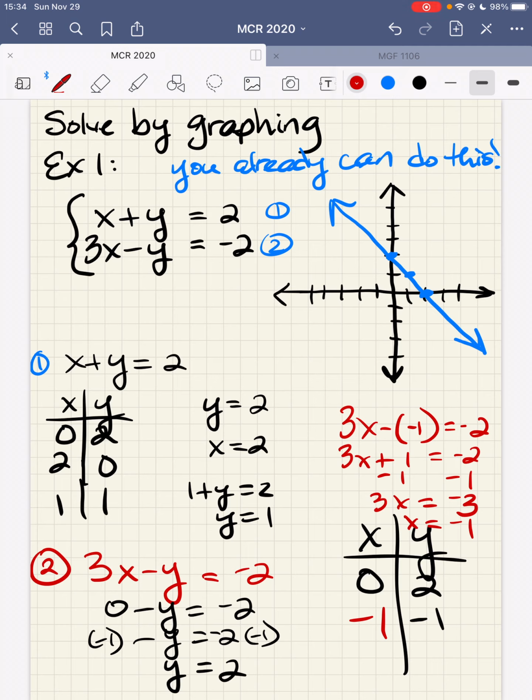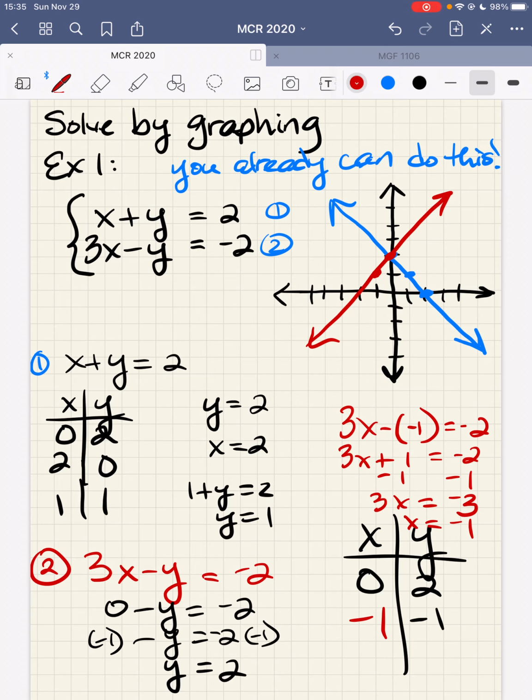Fractions are going to be a little tricky. It's going to be a lot harder to graph it. I try to go for whole numbers whenever possible. And you've had enough experience graphing lines that you should be able to have an idea of what kind of points you would like. So I have 0, 2. And I have negative 1, negative 1. And if I wanted to, I could get a third point. And my line goes up through.